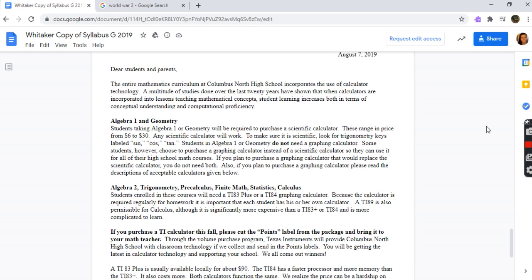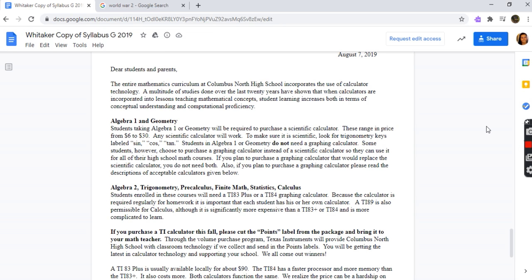Some students, however, choose to purchase a graphing calculator instead of a scientific calculator so they can use it for all of their high school math courses. If you plan to purchase a graphing calculator that will replace the scientific calculator, you do not need both. Also, if you plan to purchase a graphing calculator, please read the descriptions of acceptable calculators given below.